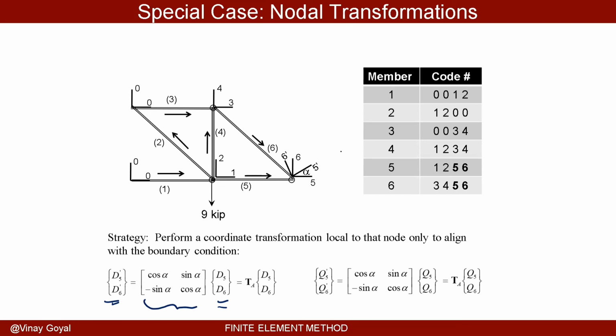And so what I want to do is take the deflections in the global coordinate system, convert them in the local skewed coordinate system. And not only that, I'm going to call this matrix TA, the one there. And then I want to do the same thing for the force. Okay. So we're going to do that. And that's going to help us a lot in this process.